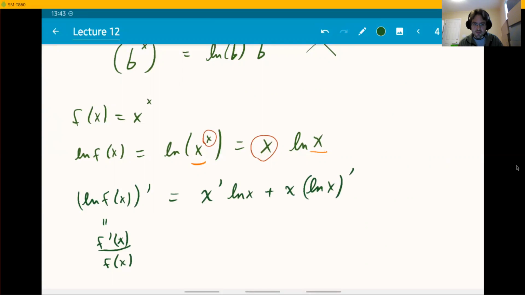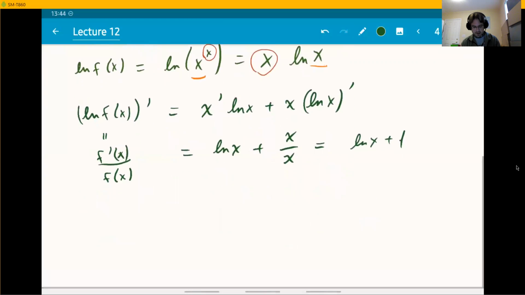You're going to need two terms added together, where in each term you have just one derivative in one of the functions. So x prime is 1. ln of x prime is 1 over x. And you see that in the second term, you just get x over x, which is 1. So you found this. This is not your final answer. This is f prime over f.